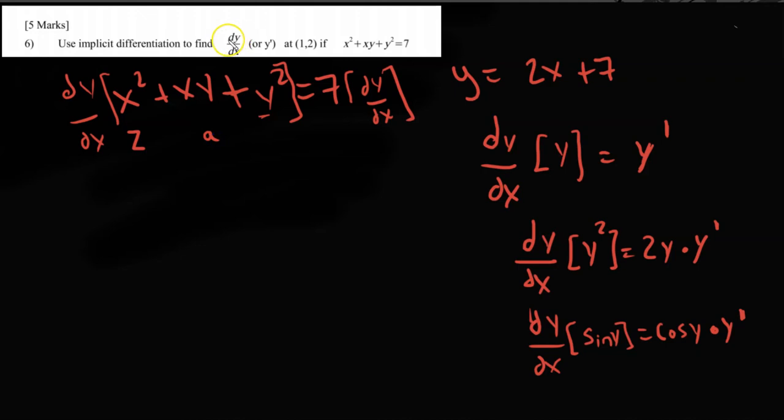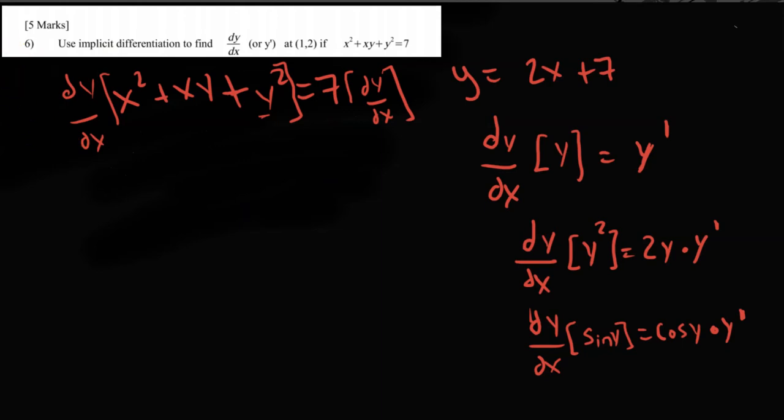Just keep track of what they're asking for. If they ask for dz/dA, same thing, the derivative of a with respect to x would be a prime. But most of the time they're going to give you terms of x and y, so don't worry about it too much.